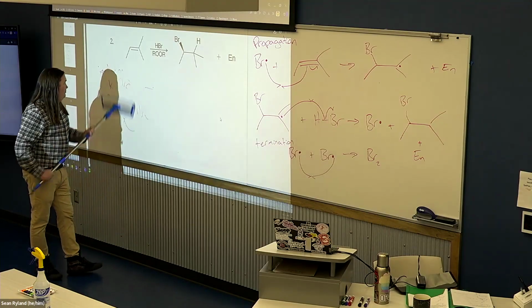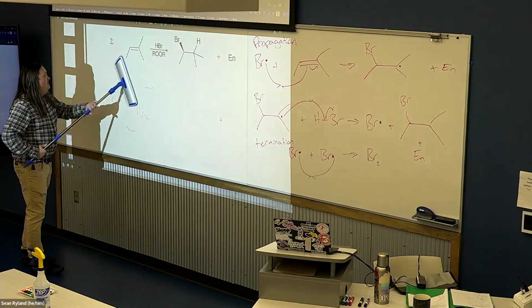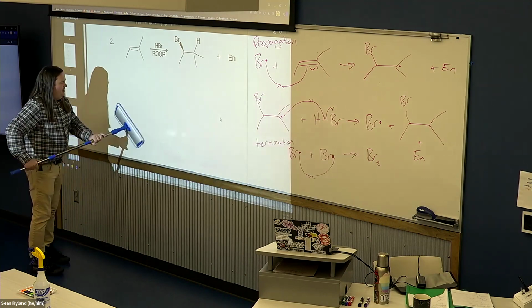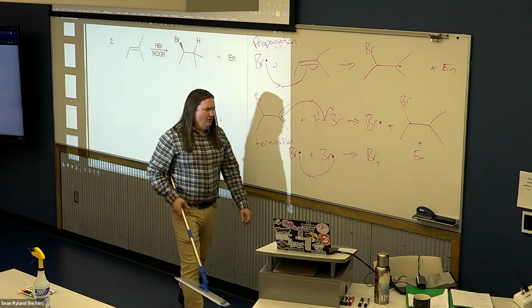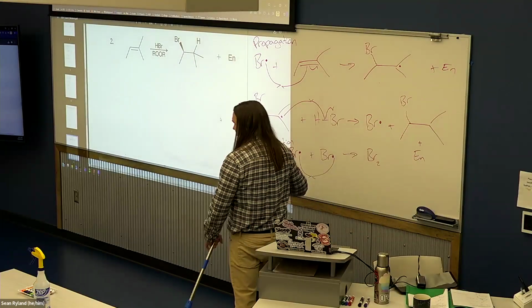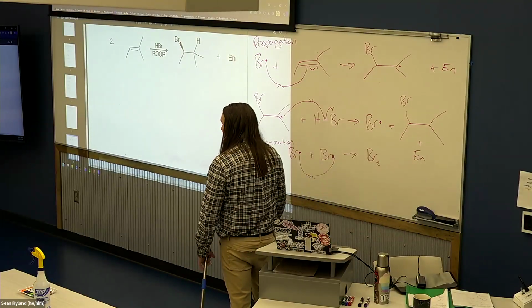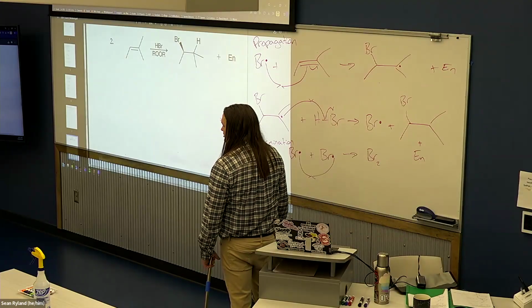We'll always have one termination step. You can pick any of them to draw, but you only need to show one termination step. So just pick, in this case, any two radicals that we drew and show them running into each other.